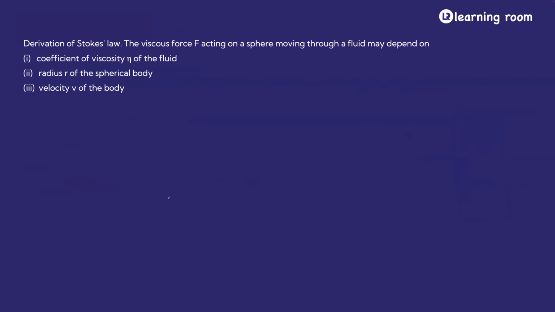For the derivation of Stokes' law, it was observed that the viscous force F acting on a sphere moving through the fluid depends on, first, the coefficient of viscosity, second, the radius of the spherical body, and third, the velocity of the object itself. So what should I write?